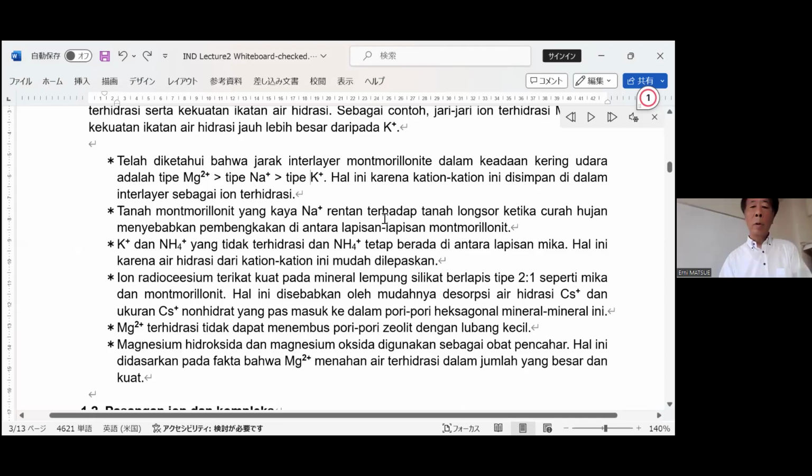Because montmorillonite has interlayer cations such as sodium, potassium, calcium, magnesium.